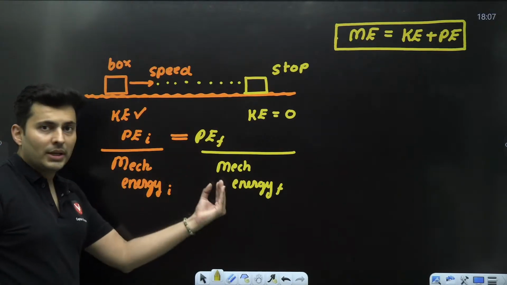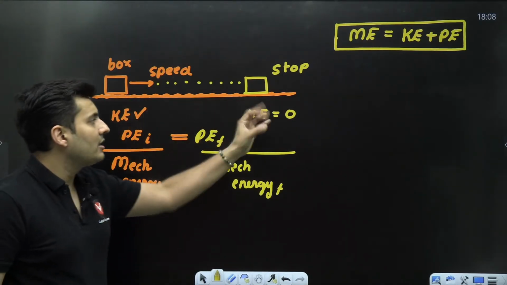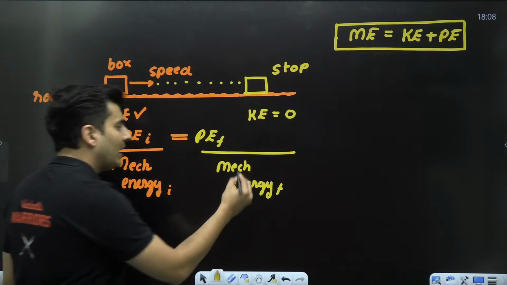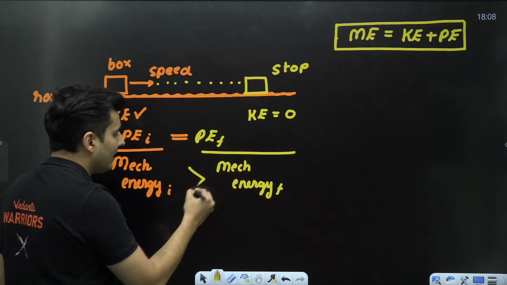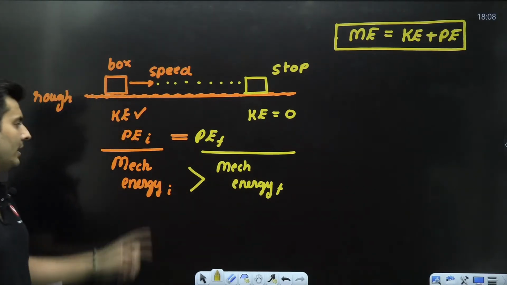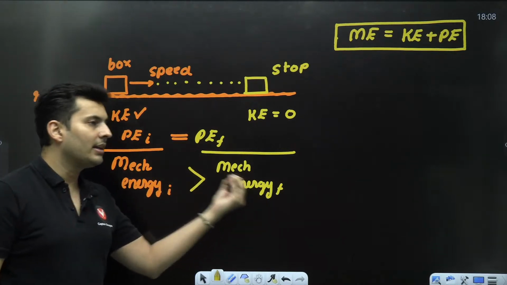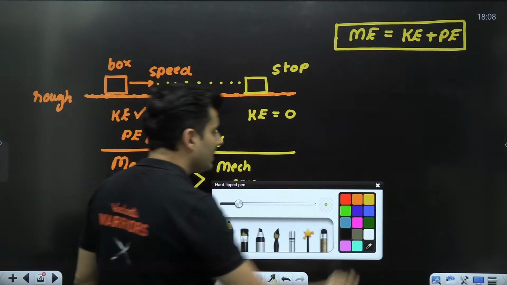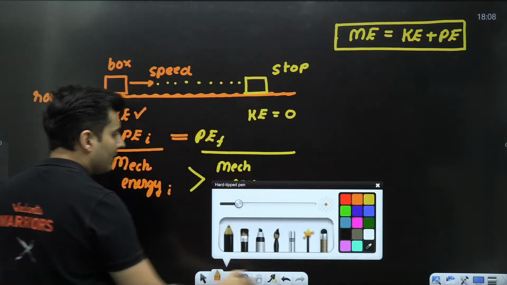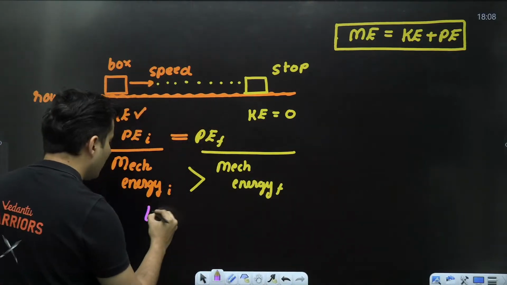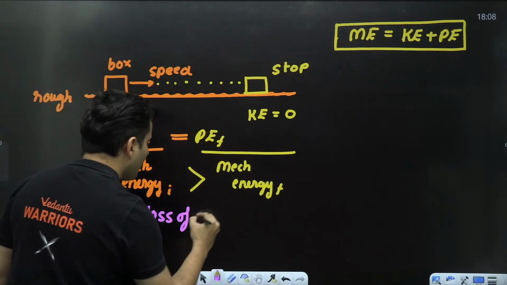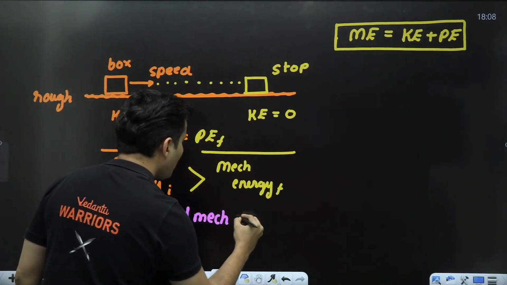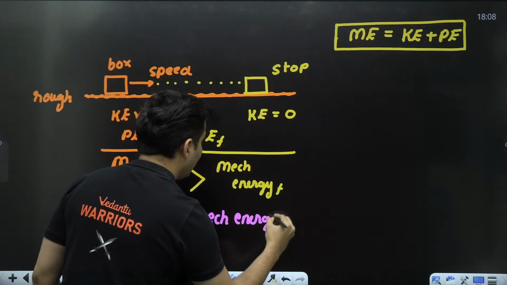Now, since the kinetic energy vanished, don't you agree that the final mechanical energy is less than the original mechanical energy? Don't you see the mechanical energy has become less as compared to before? That means there is 100% loss of mechanical energy.